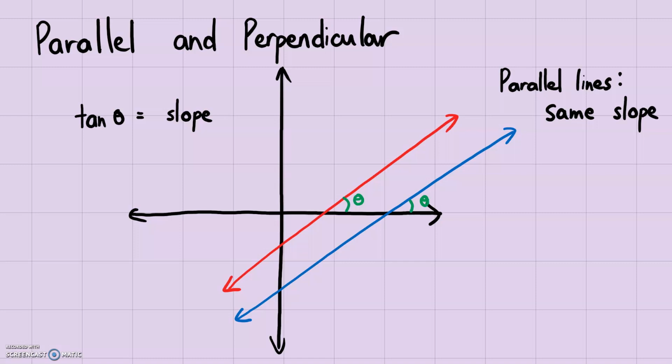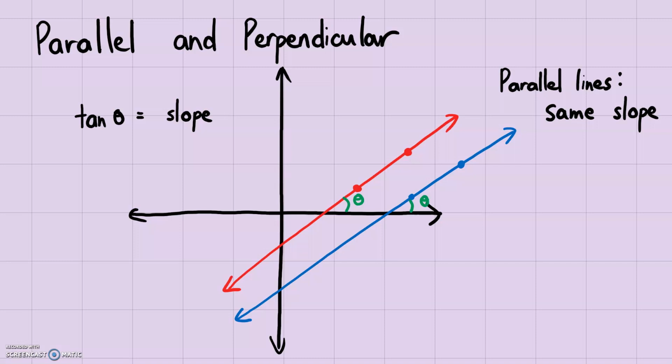Okay, so once given two points of one of those lines, or you can know one point and the slope of that line, you can also find the slope of the line parallel to that one. Okay, because they have the same slope.